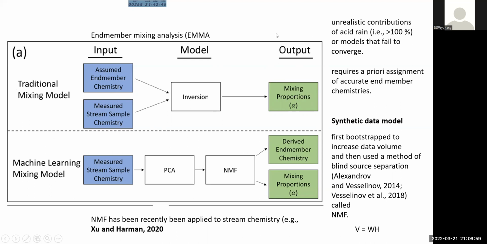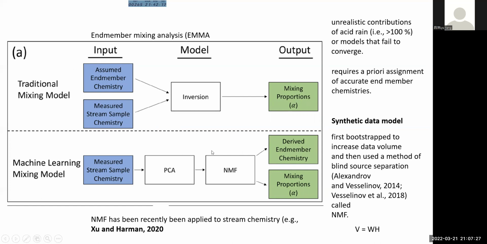However, the problem of this model is that in many recent analyses, they have found unrealistic contributions of acid rain predicted, and the models do not converge in many cases. Also, before applying the model, we need to assign the accurate end member chemistries because they occur as an input.